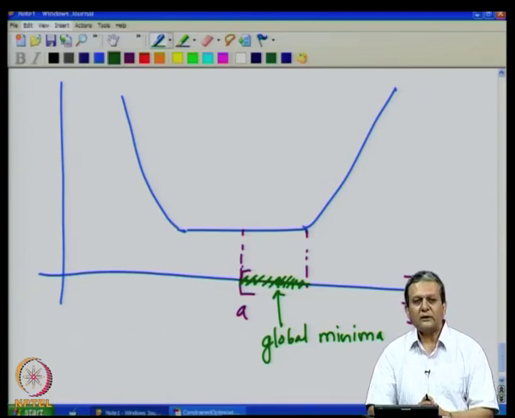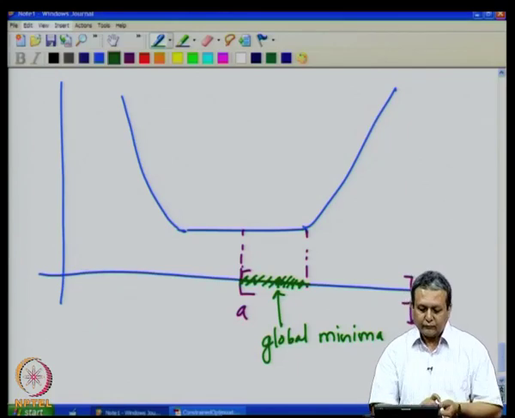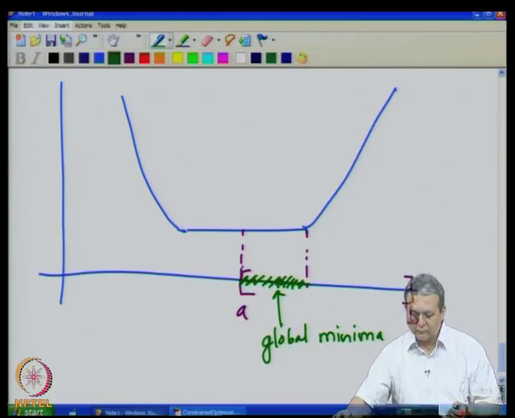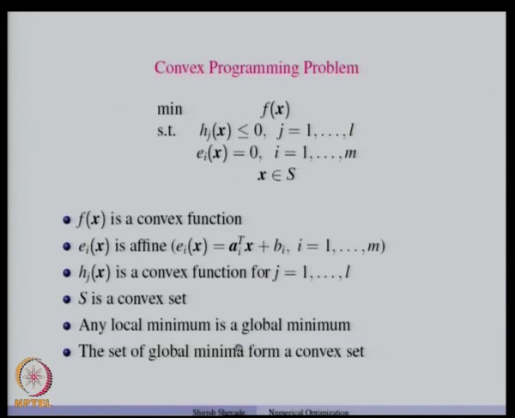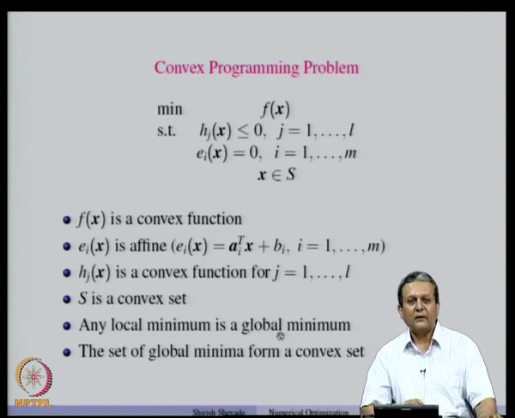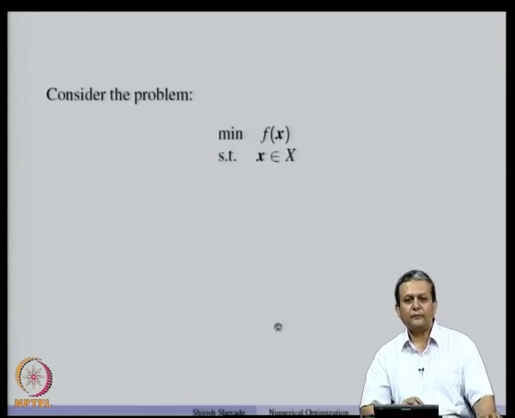So, we will look at those things sometime later. These are some important properties of convex programming problems, and later on we will see these problems in detail.